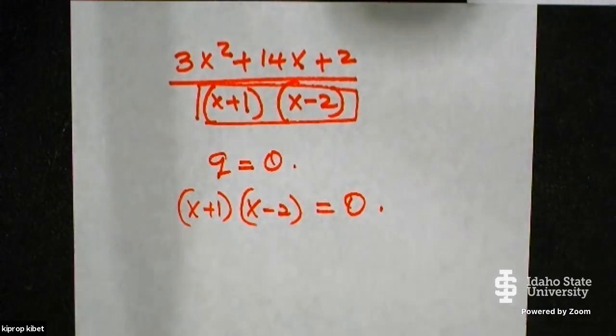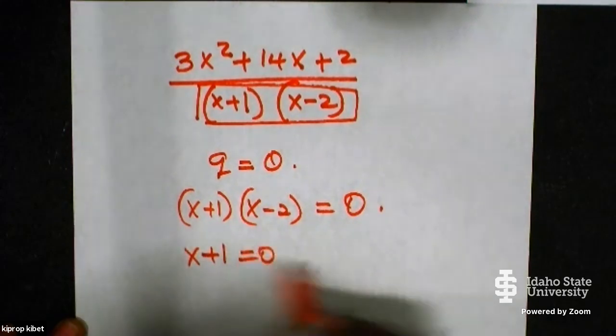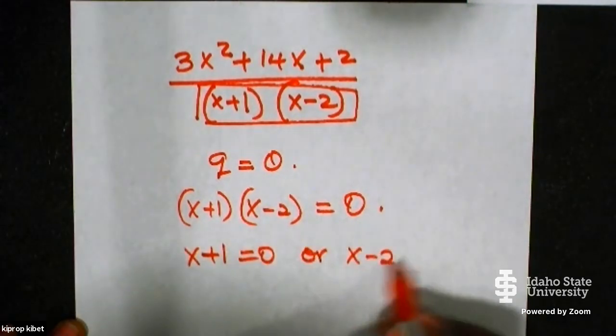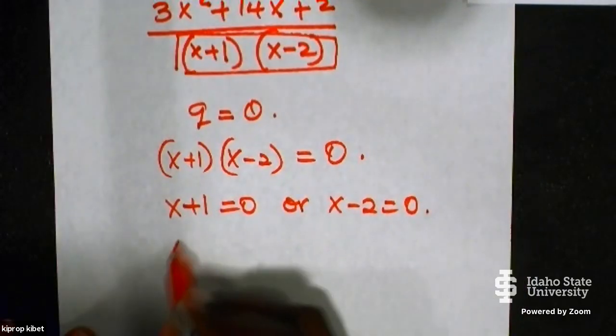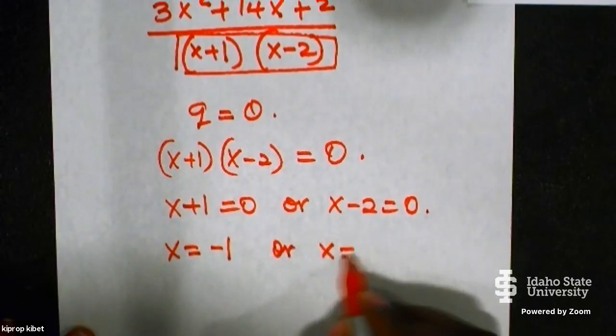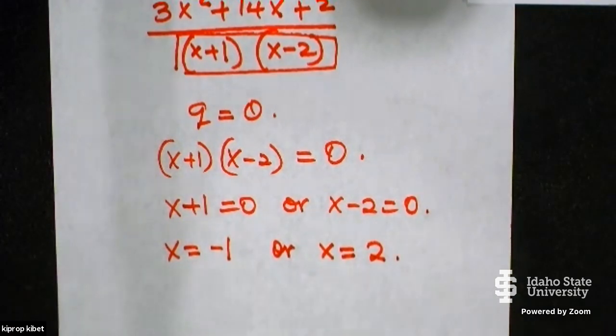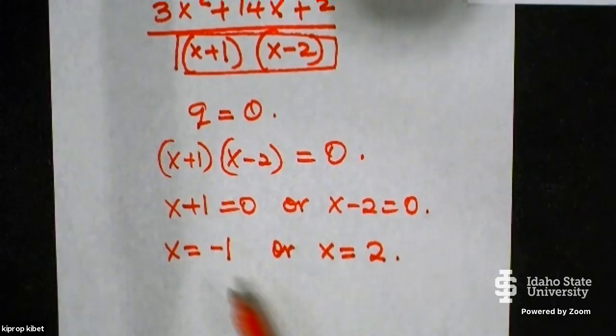So using the zero product property, x plus 1 equals 0 or x minus 2 equals 0. So then x is equal to minus 1 or x equals 2. So for this expression to be undefined, x can be equal to -1 or x can be equal to 2.